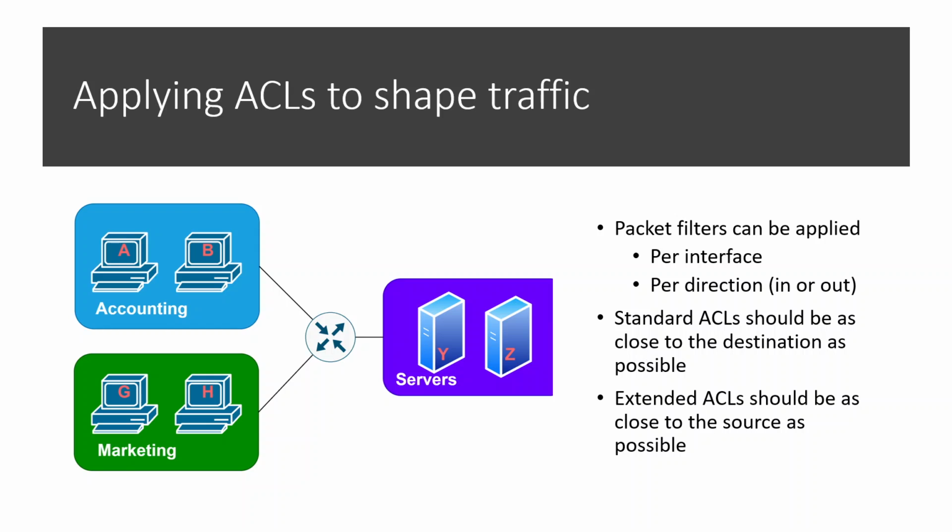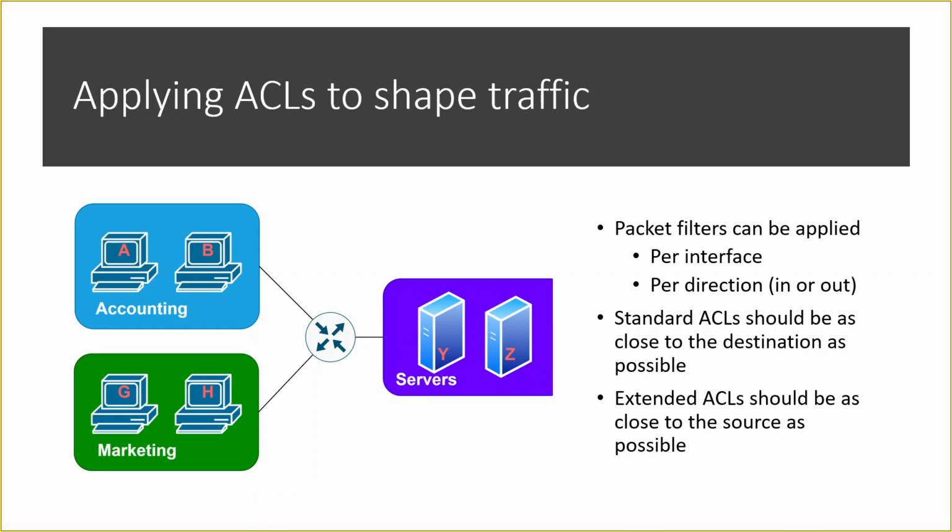As far as applying those access control lists, there are a couple of different places we can apply them. However, in general, we can have only one access control list, or one ACL, per interface and per direction. For instance, going back to that sample that I gave where the accounting should not be able to access servers, in this case, I can see I'm going through 2 interfaces.